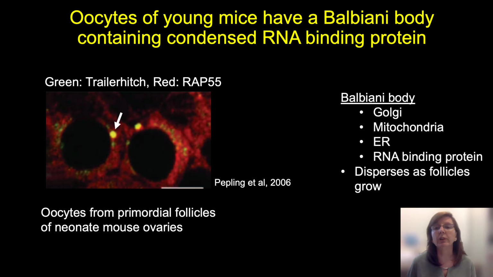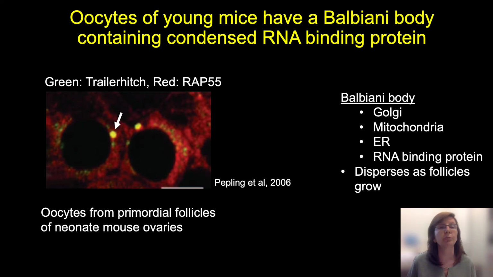In mammalian oogenesis, we don't yet have a mechanistic understanding of phase transitions. However, a few types of transient RNP granules have been identified. In one example from Melissa Pepling, she demonstrated the existence of a Balbiani body in mouse oocytes of primordial follicles of neonate mouse ovaries. In this confocal micrograph, you can see the conserved RNA binding protein Trailer Hitch, which is labeled in green.